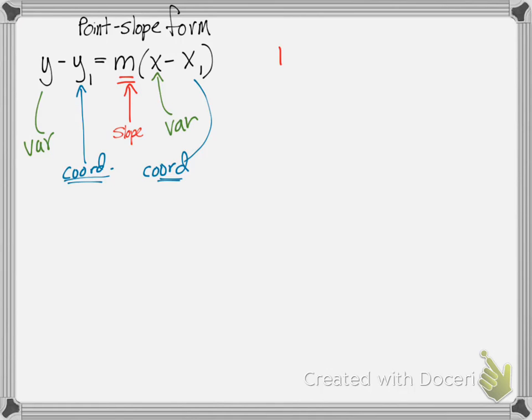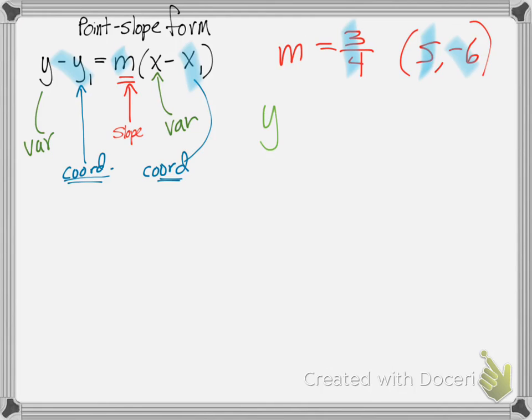So if you had the slope of, let's say, 3/4, and you know it went through the point 5, -6, then all you would do is plug in your slope for m, your 5 for x1, and your -6 for y1. So let's do that.